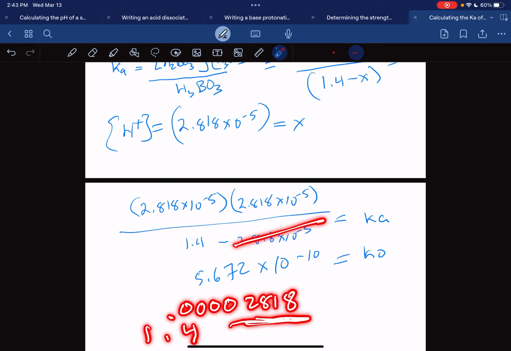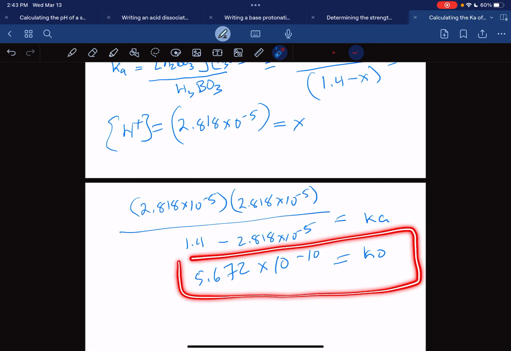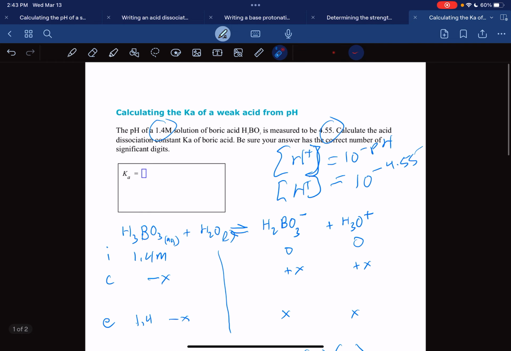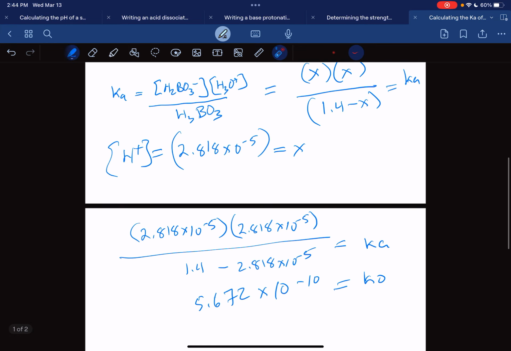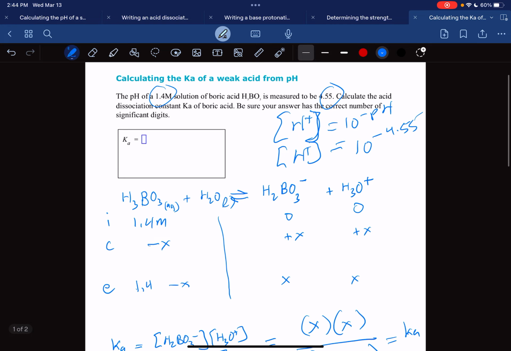So in reality, this wouldn't really matter to us. But this right here, this is our Ka value. Remember, we only can use the significant figures they give us in the problem, and they want the correct sig figs. We use 2 up here, so my answer down here needs to have 2. So this would be 5.7 times 10 to the negative 10 equals my Ka. Apologize for my messiness on this, but hopefully it has made sense.